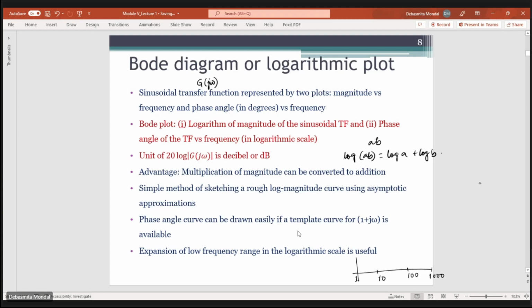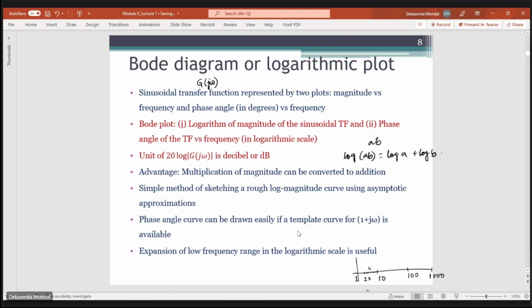In the lower frequency range it will go like this, and in the higher frequency range, if this is 1, then this will be 2, then 3, 4. So you see that the lower frequency range is basically expanded, and the higher frequency range is contracted. And why is this important?